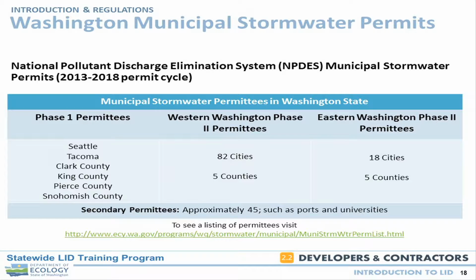But there is also what's known as a general permit, which applies for all stormwater. And municipalities that operate a separate stormwater system have those permits. And that permit process, you can see here the municipalities that have over a certain population have to have one of these permits, and those permits are issued by the state. And it's that permit process that is requiring LID, which then filters down to land use codes and so forth that we end up needing to live with and work with on our projects.